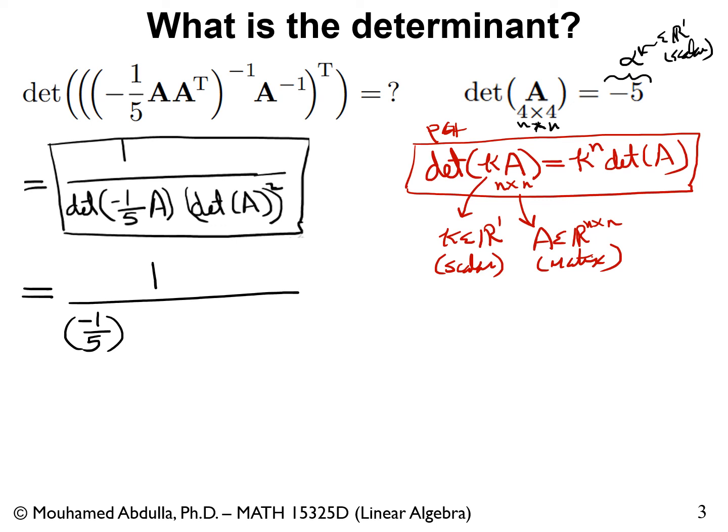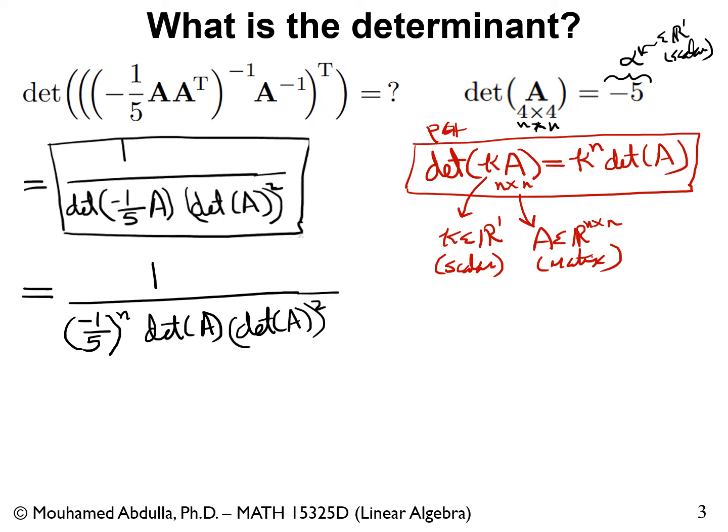Okay, so we get minus 1 over 5 to the power n, for an n by n matrix, times determinant of A, which is also then multiplied by determinant of A squared.